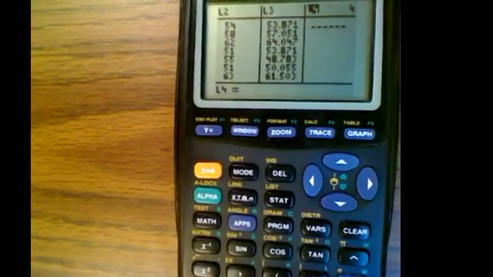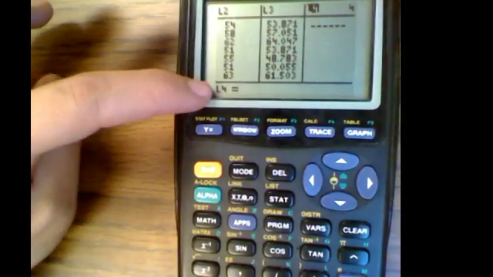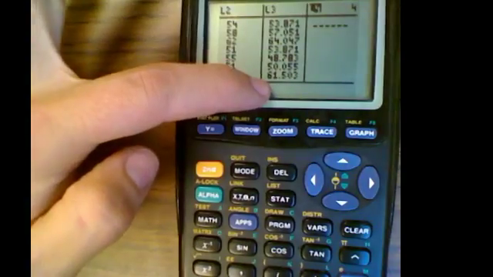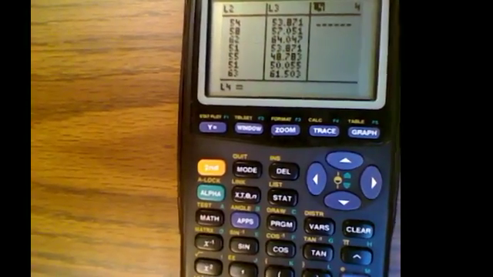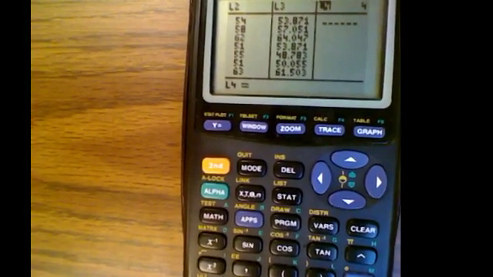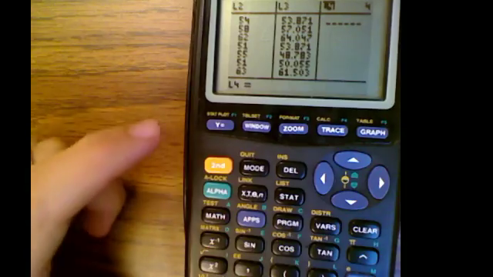Your residuals are the actual minus the predicted. So I go back up to L4 and make sure that it is highlighted. Then I say, okay, I want the actual, which is L2.